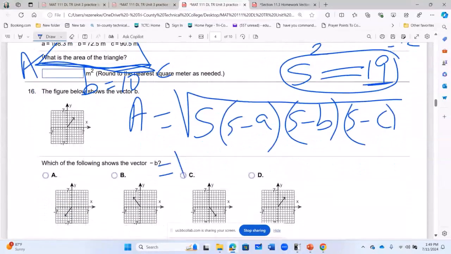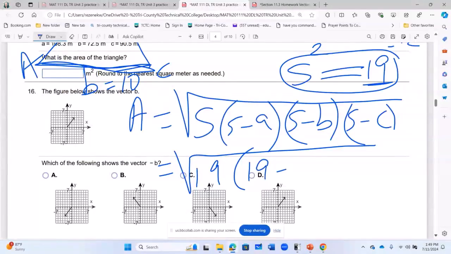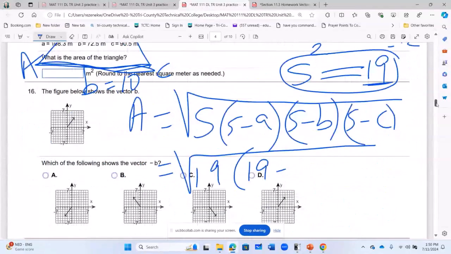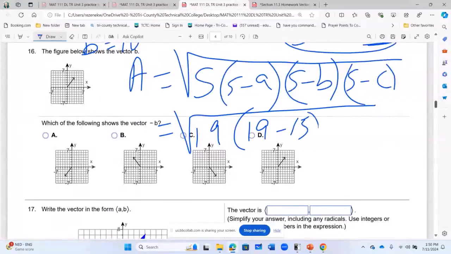So our area is equal to the square root of 19 into 19 minus 15, 19 minus 10, 19 minus 13.